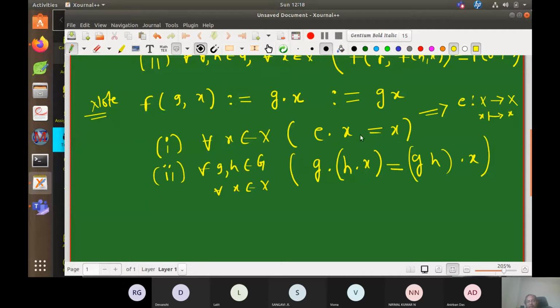This first property itself tells us that each element small g in capital G is like a function. A function from where to where?